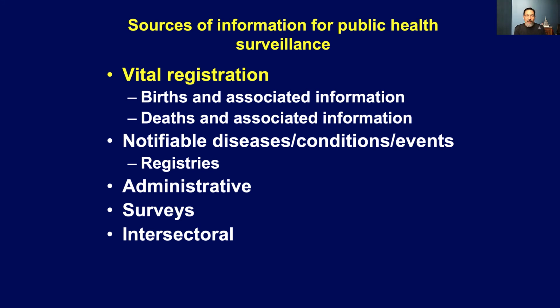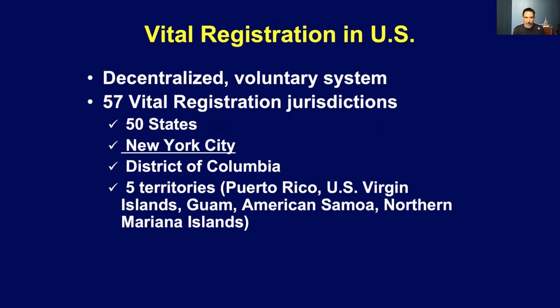We've talked a little bit about morbidity, notifiable diseases, reporting of certain conditions or events, and we set up registries to track these things under surveillance. But there are also some other sources like administrative records and surveys and intersectoral sources of data.